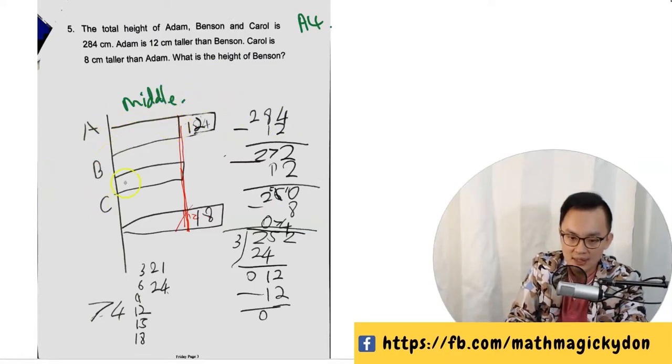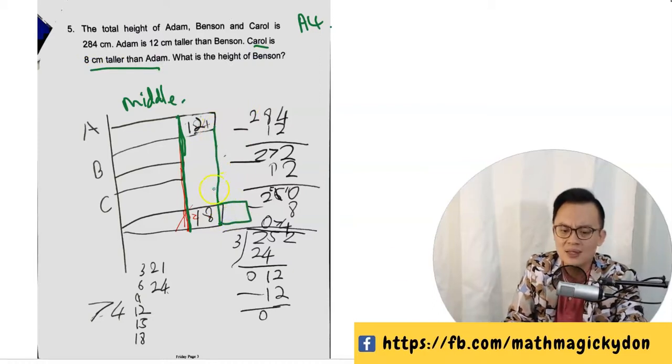And if you look, this line is slanted, and if you try and cut this 12 down, you can tell that C has 18 more than A. Carol is 18 cm taller than Adam. So the 12 should be here and the 18 should be here.